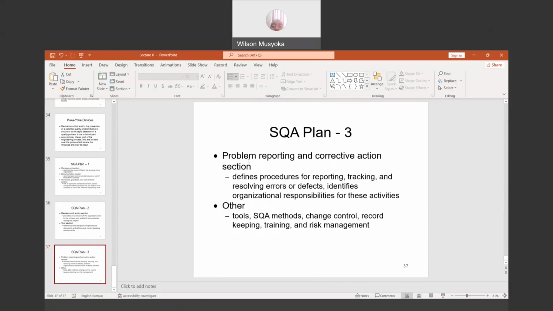And then at the end of the day, you will need to report any problem and any corrective action that has been proposed, so that the developer can go back and look at the system in terms of correcting that problem. And the tools and methods that have been used need to be documented or included in that report. So that is basically the introductory part of ensuring quality of systems.